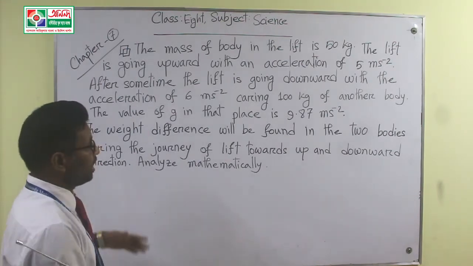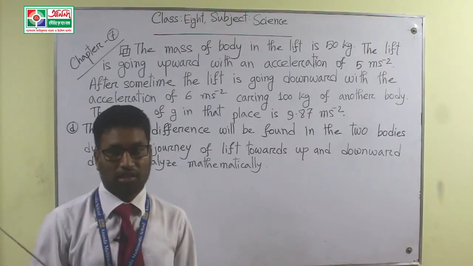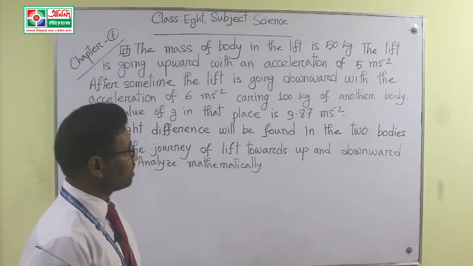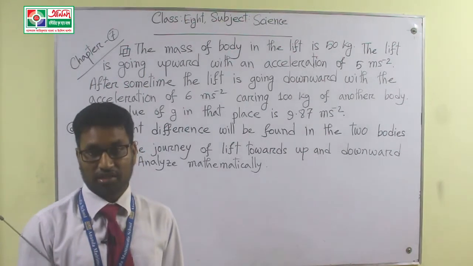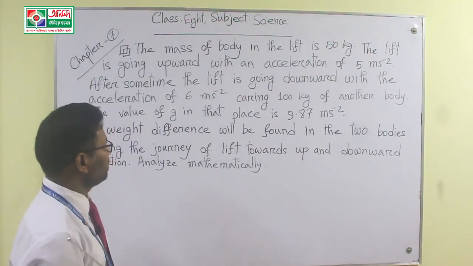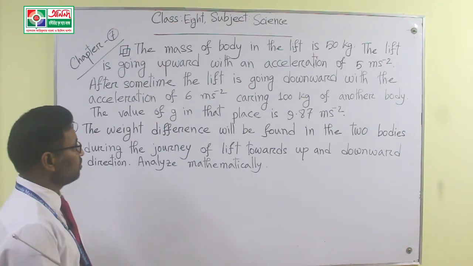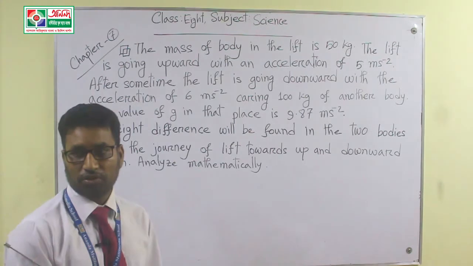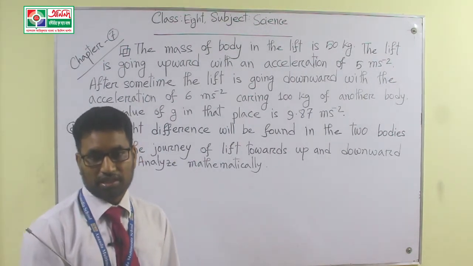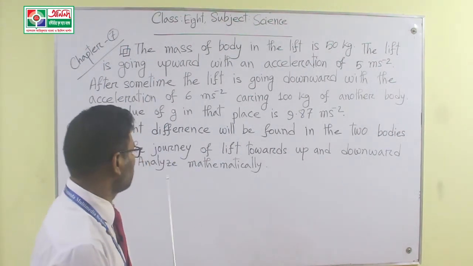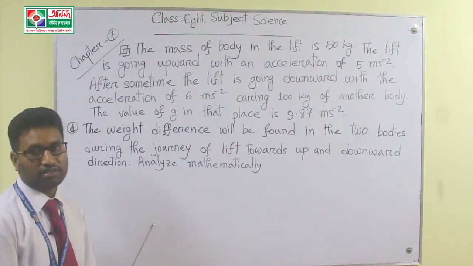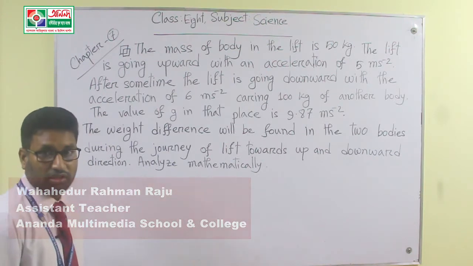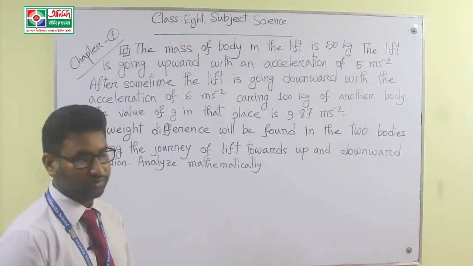That means when our lift is going downward, 100 kg of object is present in that lift, and the acceleration will be 6 meter per second square. This information is present to solve question number D. Now I will calculate and solve this. So everybody, be attentive to your lesson.